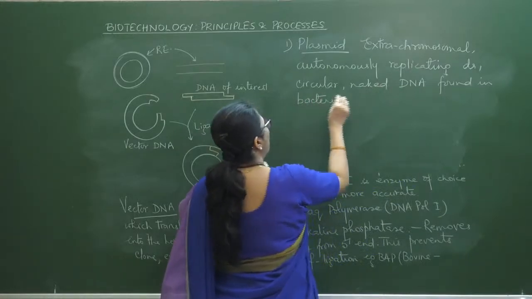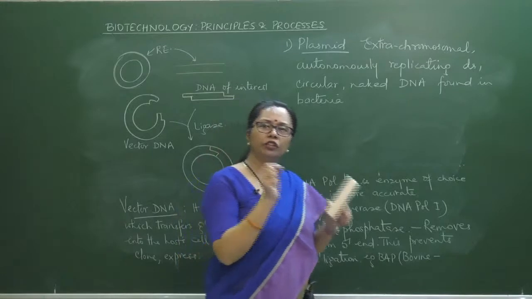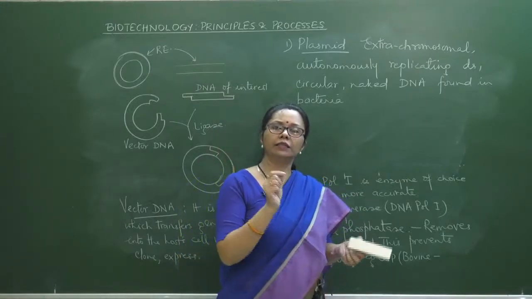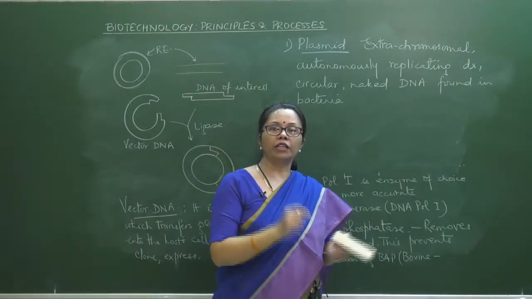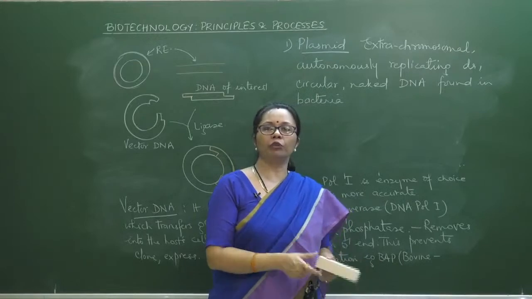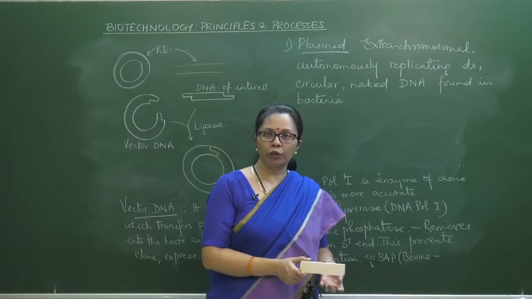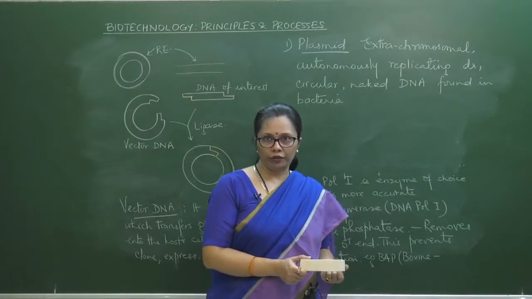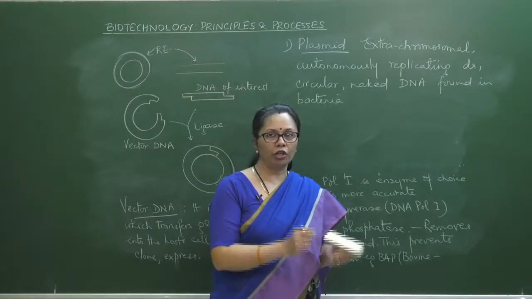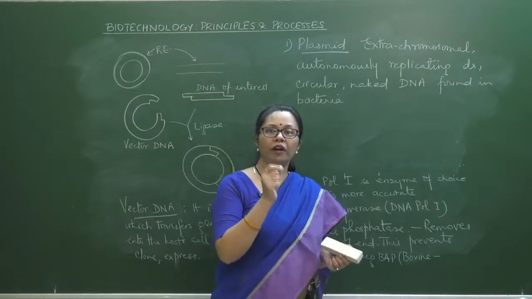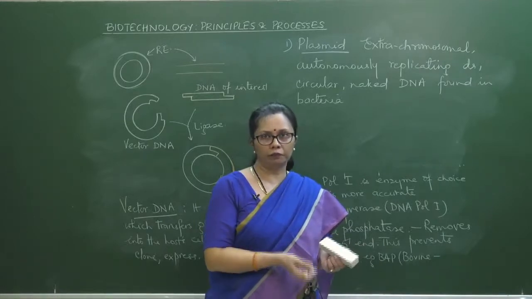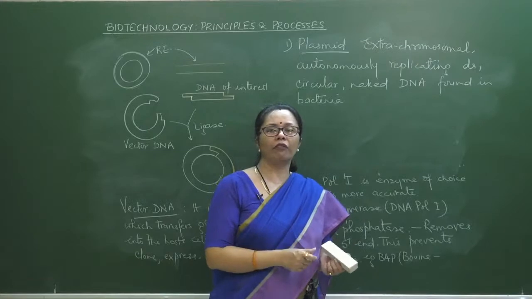Now in the form in which it is found in the bacteria, it is not used; it has been modified so that it can be used as a vector. And this work was initially done by Stanley Cohen. In the biotechnology unit, where it starts, you will find Herbert Boyer, with a write-up and a photograph.